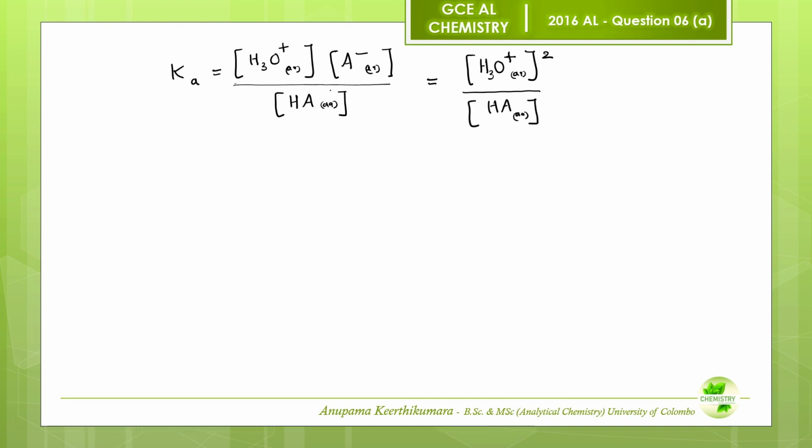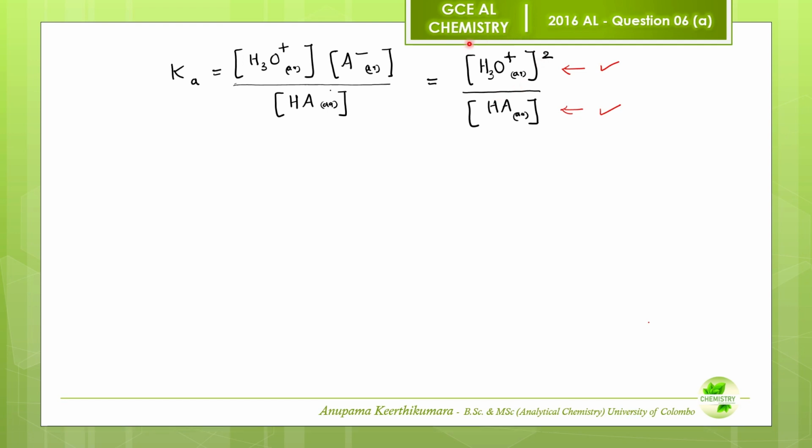To calculate the value of Ka, we need the concentration of H3O plus at equilibrium as well as the concentration of the weak acid. Concentration of HA at equilibrium is the same as its initial concentration because the dissociation of weak acids is very low.